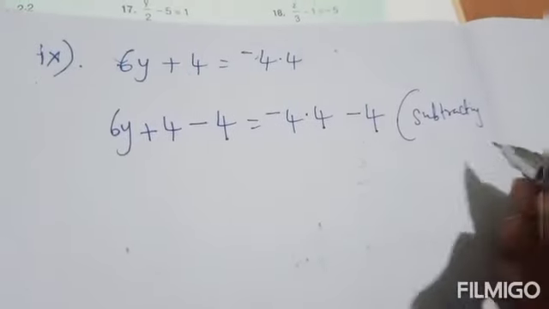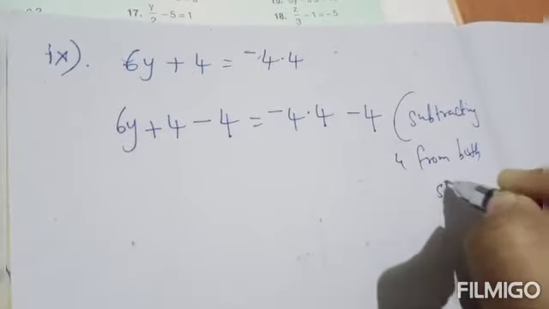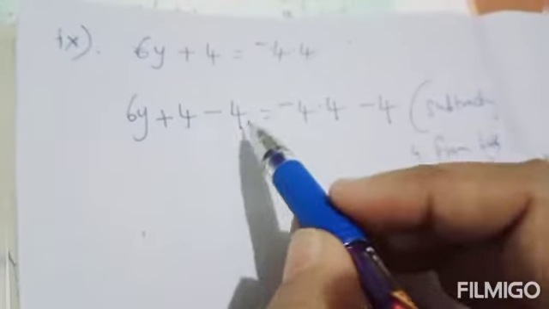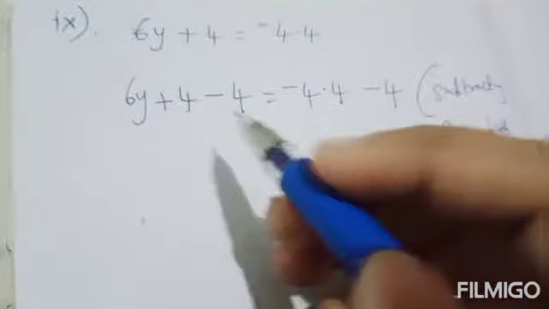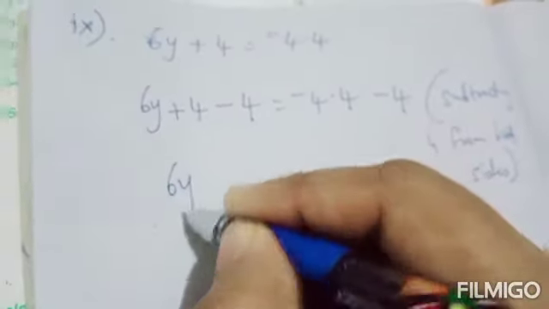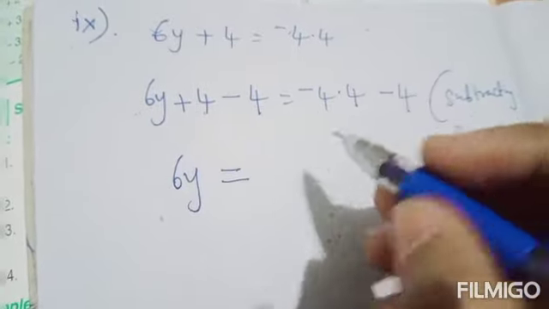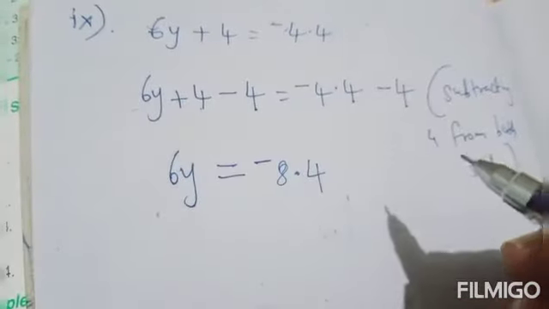Here you are subtracting 4 from both sides. Now 4 minus 4 is 0. So 6y plus 0, it is 6y equal to minus 4.4 minus 4, you will get minus 8.4.